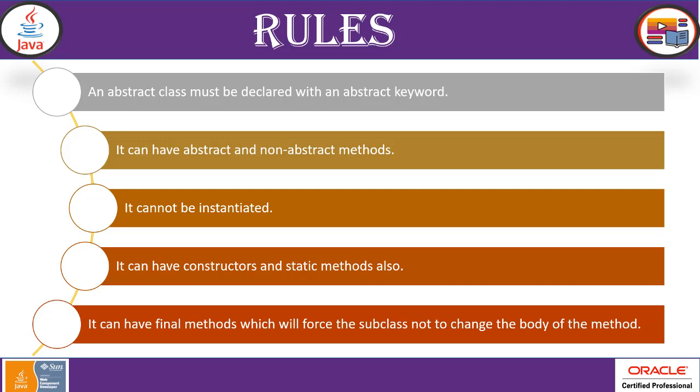It can have constructors and static methods also, and it can have final methods which force the subclass not to change the body of the method. So all these sets of rules for interface and abstract class exist for some reason. All you need is to practice to understand the concept, and that will help you to be comfortable and use it appropriately.